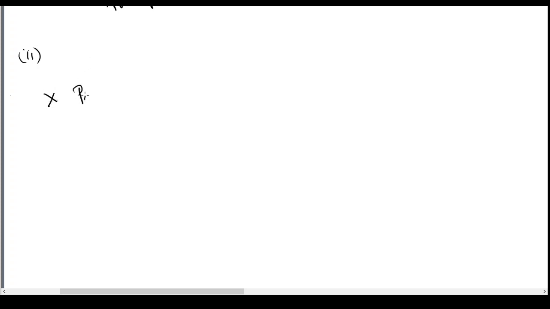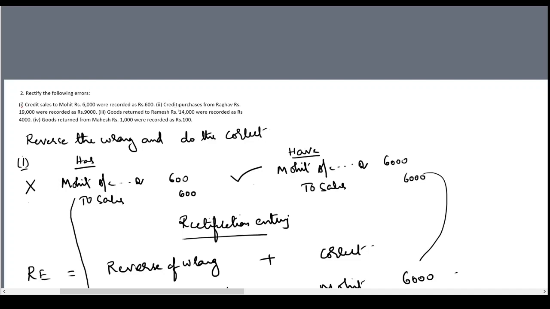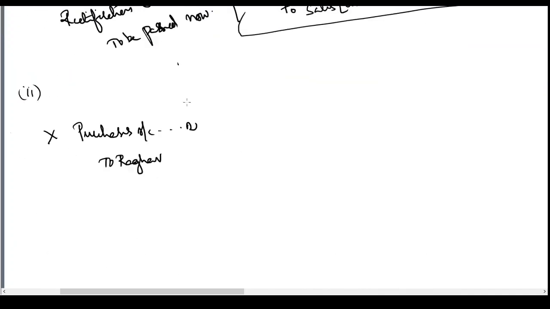You have passed the entry purchases account debit to Raghav 9,000. This is the entry which we have already passed.